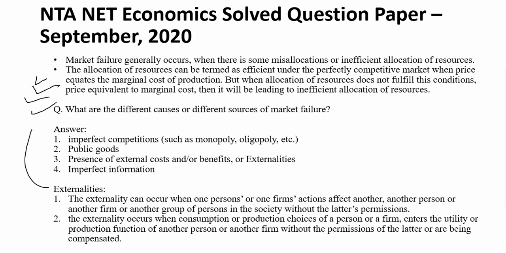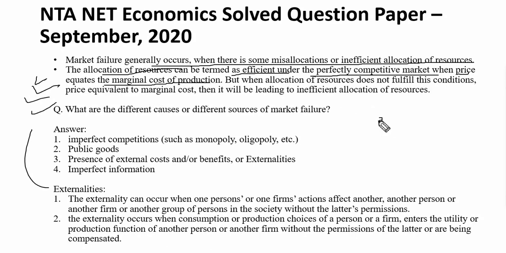So what is market failure? Market failure occurs when there is a misallocation or inefficient allocation of resources. So it happens when there is a free economy and in that there is inefficient allocation of resources. The allocation of resources can be termed as efficient under a perfectly competitive market, right? When there is a perfectly competitive market, the allocations are efficient because the price is equal to the marginal cost of production.